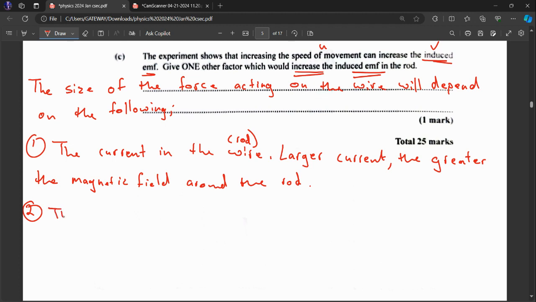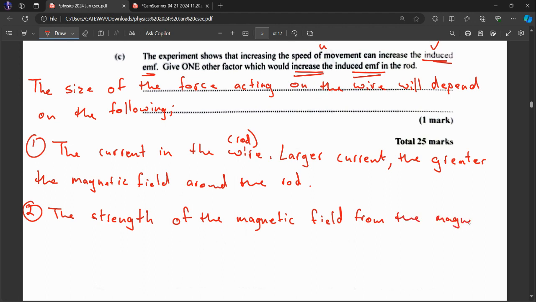Okay. The second one I have would be the strength of the magnetic field from the magnets.